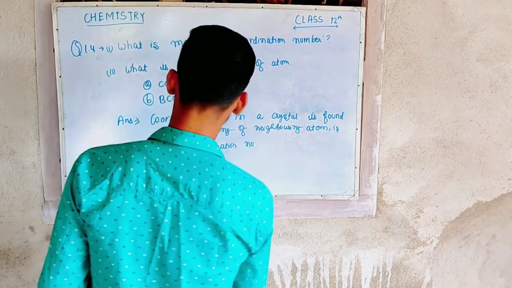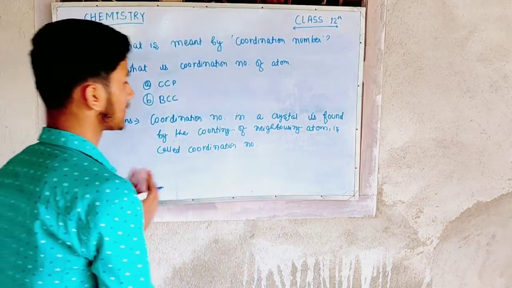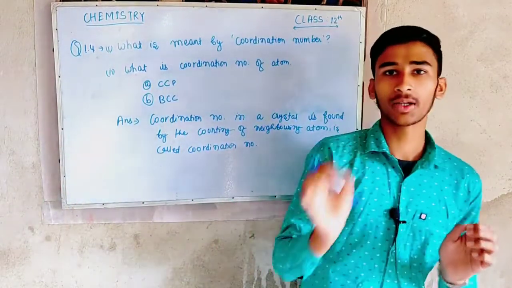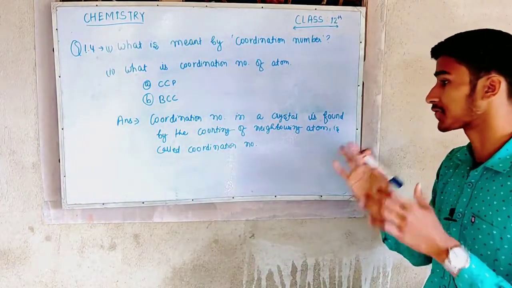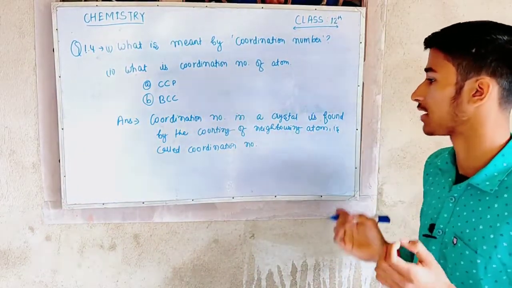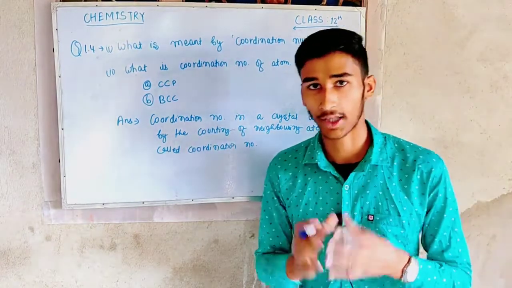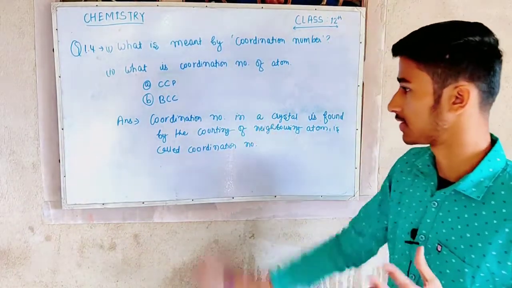Right? So this is the definition of coordination number. What do you mean by the coordination number, right? So coordination number in a crystal is found by counting the neighboring atoms, and it is called coordination number. And I hope you understand the meaning of this definition.